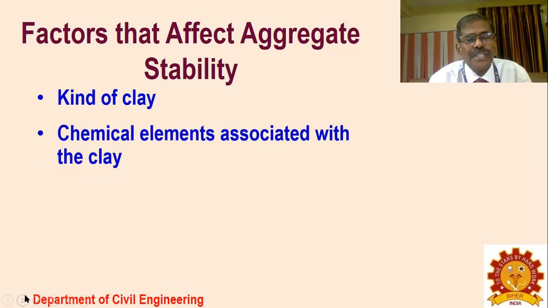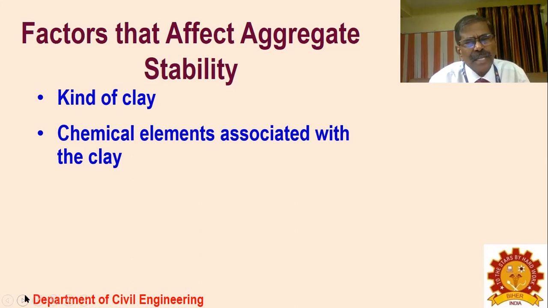Chemical elements associated with the clay. Some of the chemical elements associated with clay can cause swelling of the clay as well as shrinkage of the clay. Some of the minerals, because of the water content, can evaporate. Some of the elements will be very corrosive, and chemical effects will be very serious on the stability of the clay, on the stability of the soil.